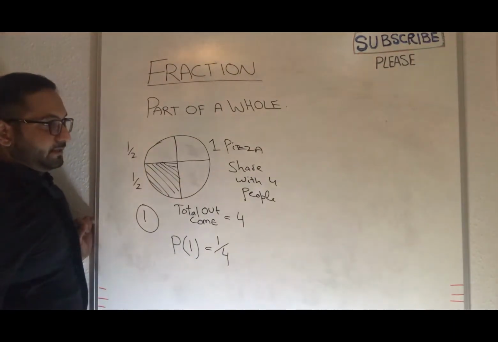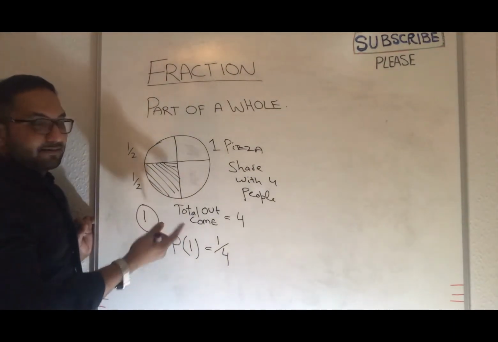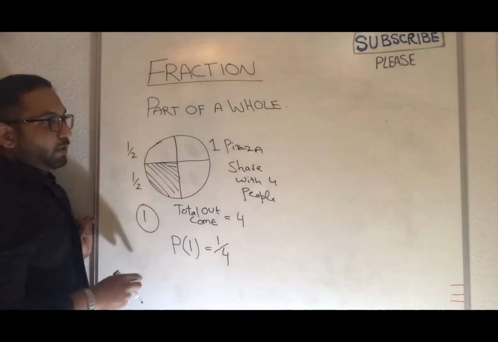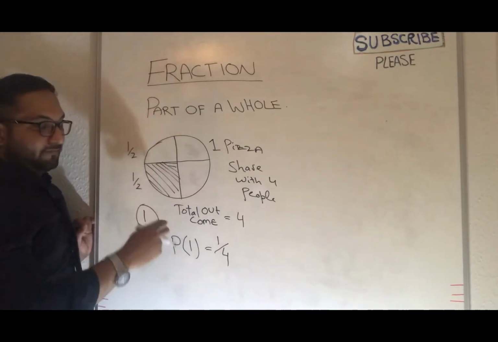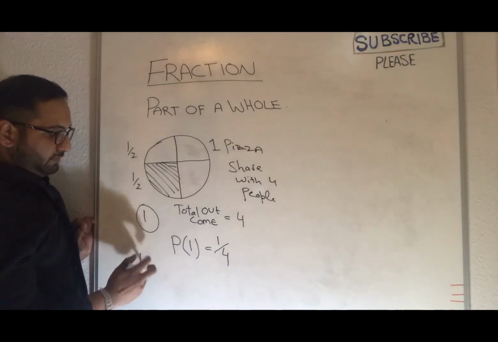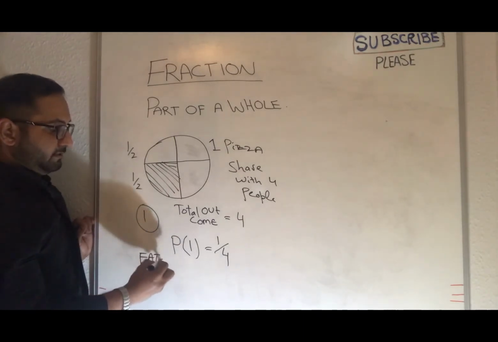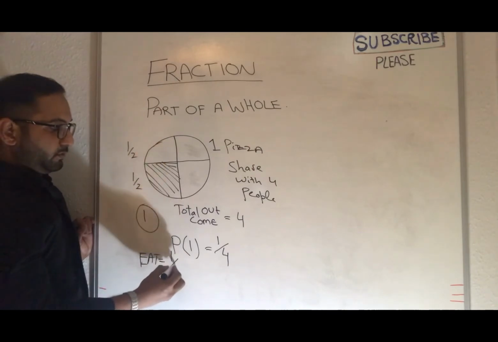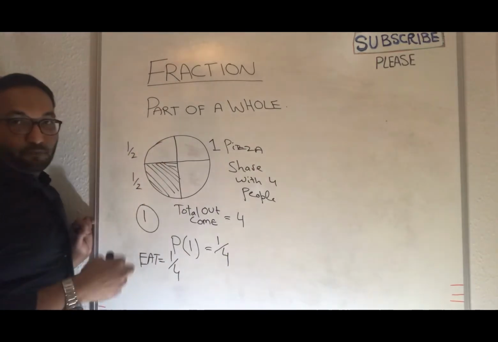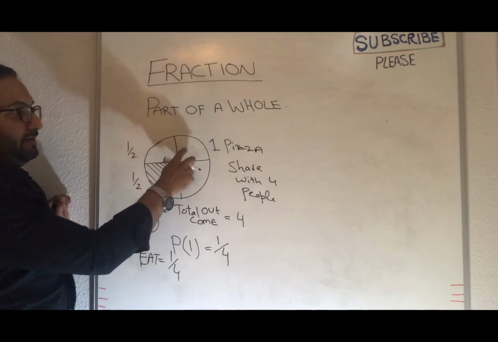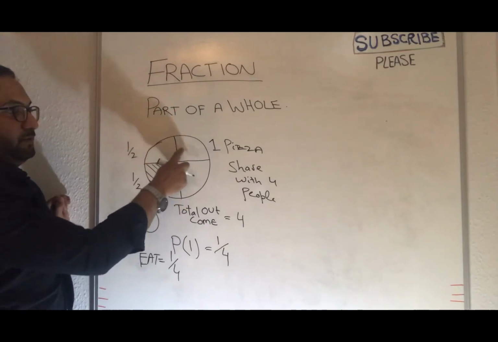Or I can say that if somebody eats one part, what is the remaining part left? If one person eats one part, this is gone. So how many parts remain? 1, 2, 3.